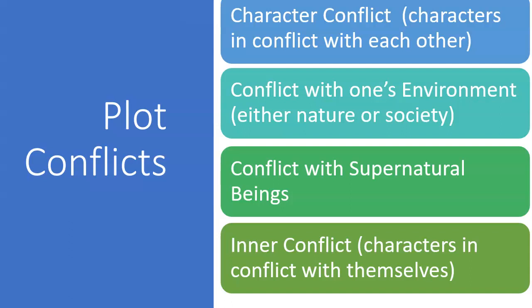Sometimes you'll see a story in conflict with supernatural beings. And then finally there is conflict sometimes inside of the character themselves. Think Hamlet, to be or not to be. That is the question. So those are different ways in which the plot can be defined, can be charted out, and where the conflict in the plot will arise.